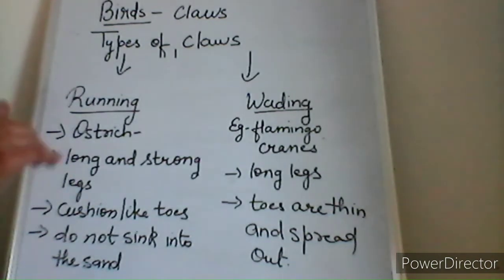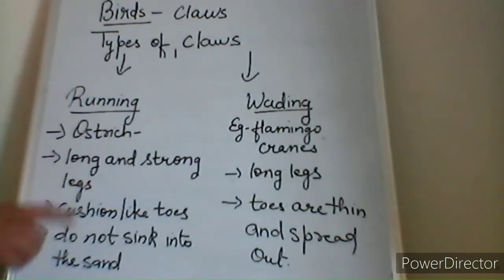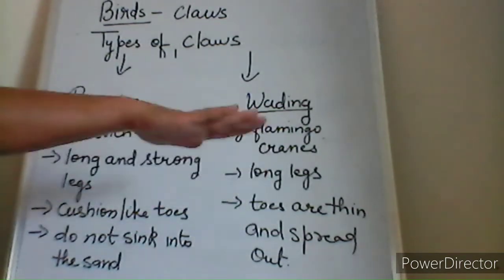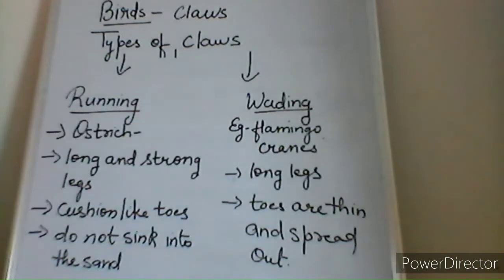Wading birds have to walk through water, muddy shores, ponds and rivers. Their long legs keep their bodies well above the water level, which makes it easy for them to walk. So this was about running birds and wading birds.